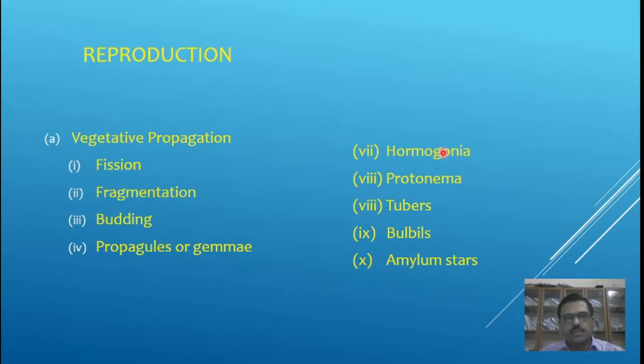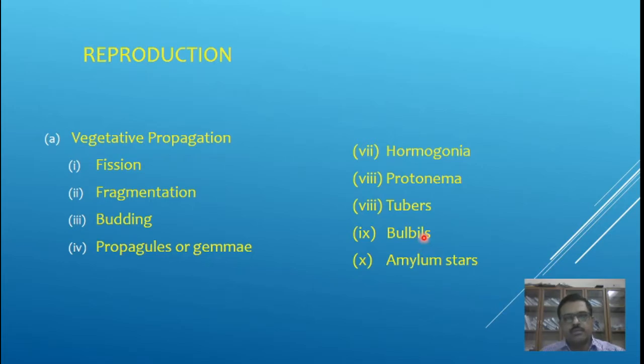A hormogonium is a few-celled structure with a rounded end, which detaches from the vegetative part of the thallus. Then there are protonema, which are short branched structures that emerge from spores. And there are tubers, which are found in parts like the rhizoids in the case of Chara, in the portions that are used for attachment.